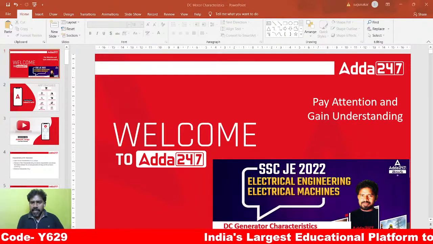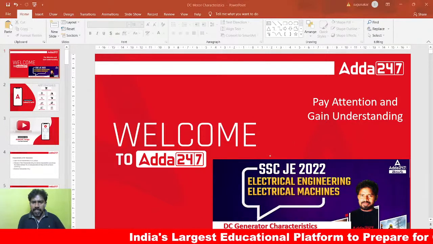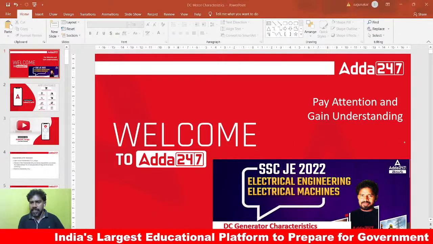So these are the various types of DC generators.